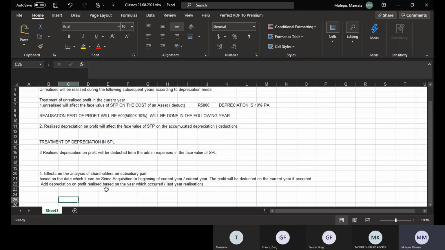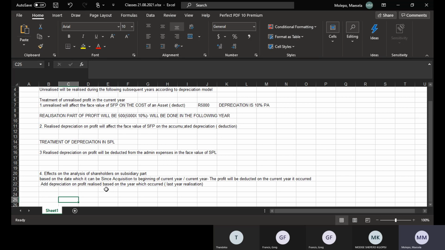Then on 1 January 2008, which is the last year, because our year is ending on 30 June 2009, which started on 1 July. So based on the prior year, X purchased all its machinery from Y Limited at cost plus 25%. So it means the profit will be calculated at cost times 25 divided by 125. Then both companies write off their depreciation on machinery at 20% per annum according to the straight line method.